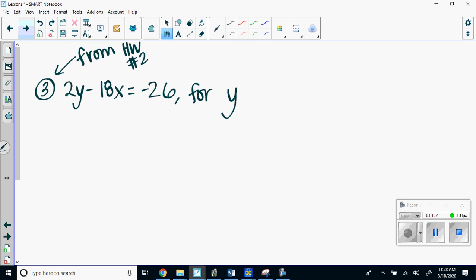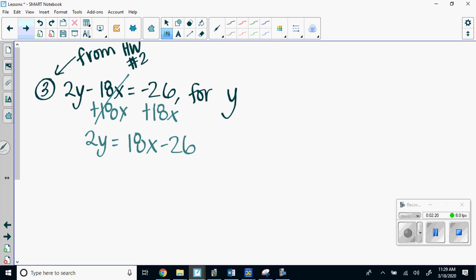And there's 2 things that are happening to the y. We've got the minus 18x, and then we have the times by 2. So let's start by adding that 18x over to the right-hand side. Because our goal is to isolate the y, we need to get everything away from it. So we get 2y equals 18x minus 26.